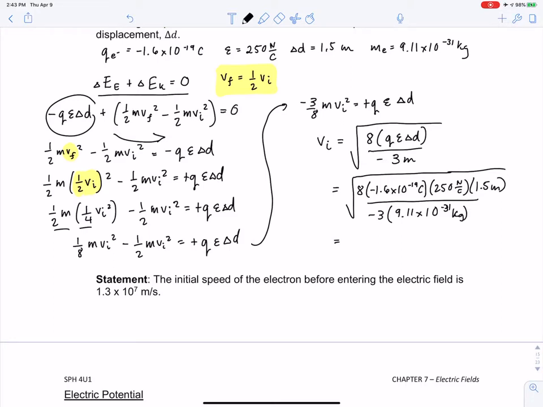Hopefully what's under the square root becomes positive, and in fact it does. If you sub this into your calculator and hit enter, you should get 1.3 times 10 to the power of 7 meters per second.